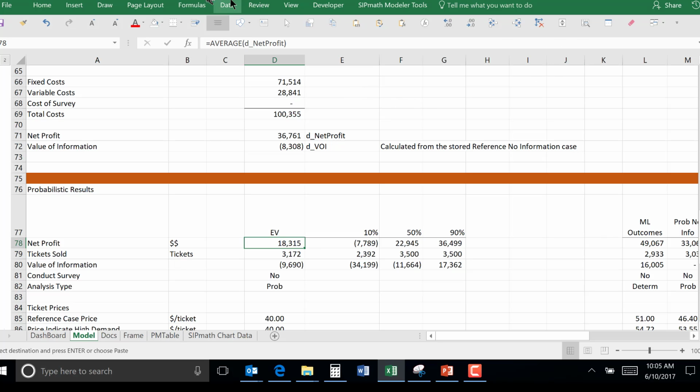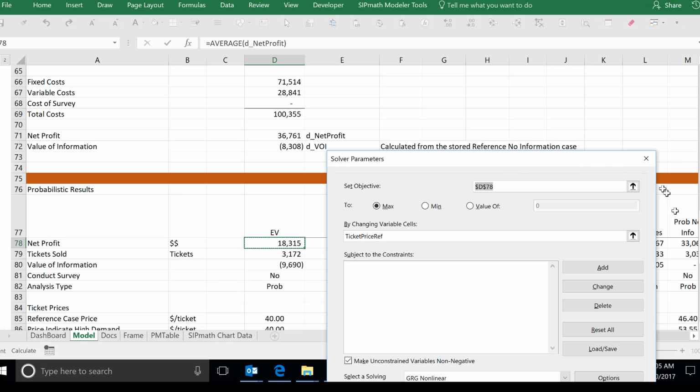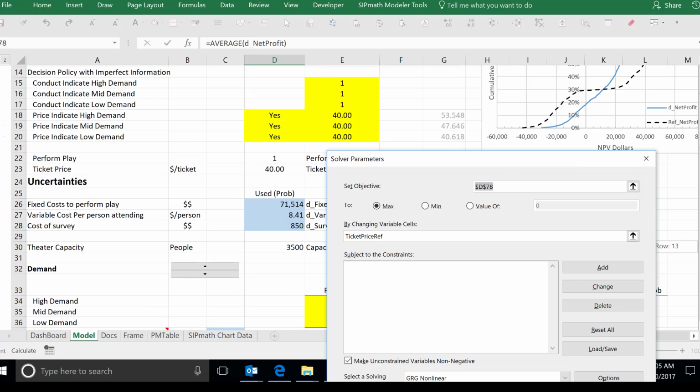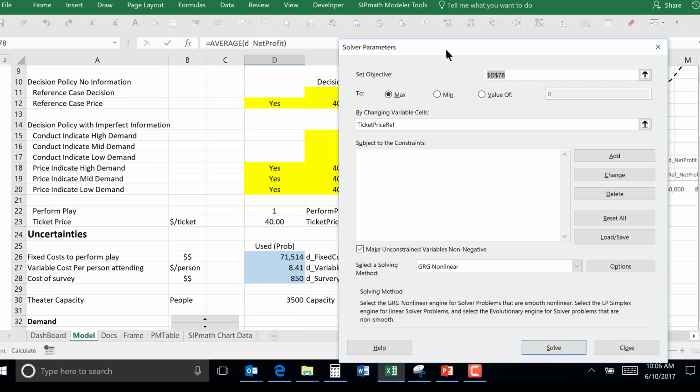So we go up to Data, Solver, and we're going to maximize D78. Okay, that's what we want. There's the net profit. By changing this ticket reference price, and I think we'll find the ticket reference price up here. Here's the ticket reference price. We have really no constraints, so I think we're good to go.